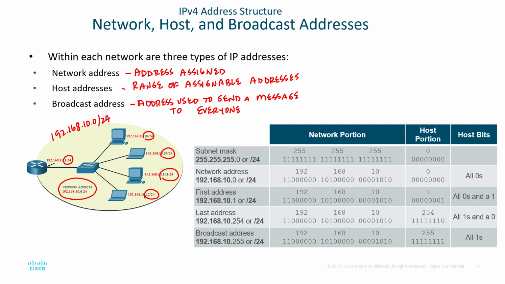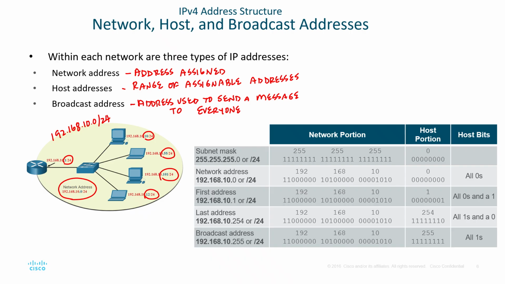Now, when you're talking about your ranges of addressing and things of that nature, we're going to start talking about subnetting. So what you want to understand is when we are talking about a network address, it is defined with all zeros in the hosting field, having to do with each particular class.